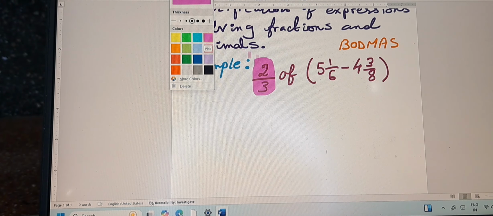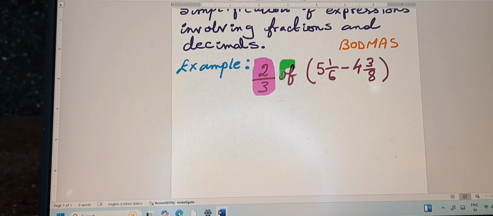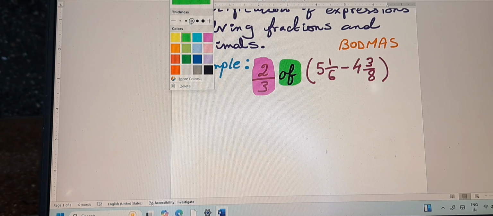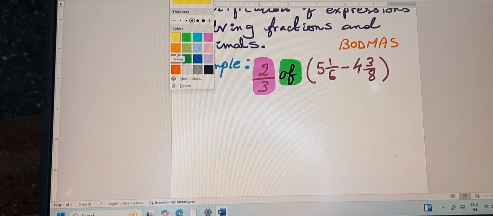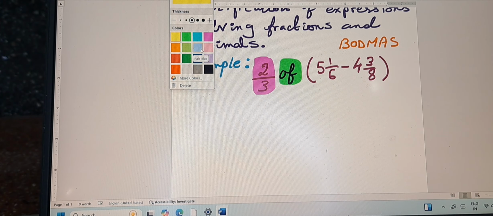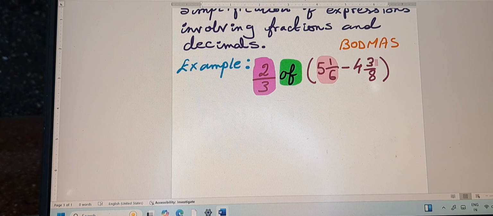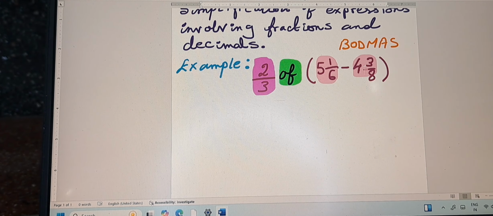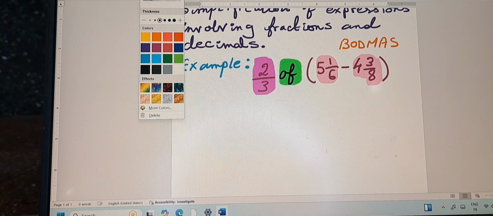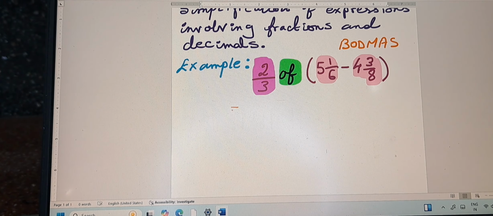After that, what we can see over here, application is there of, then here one mixed number is there, or we can say mixed fraction, that is 5 1 by 6 minus 4 3 by 8, another mixed fraction. So here we have to be very careful while solving the sum. So let us start.